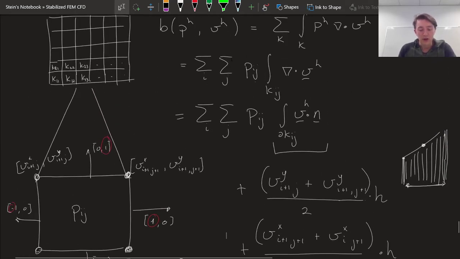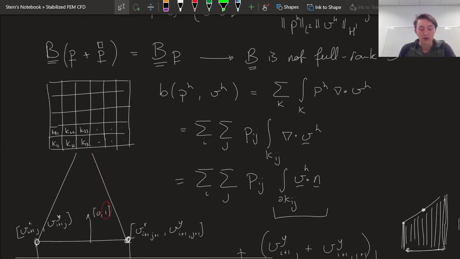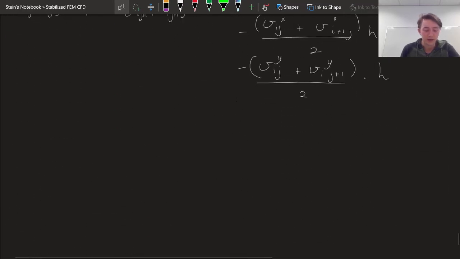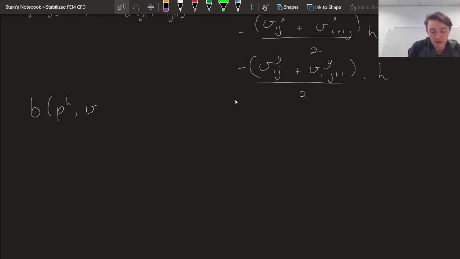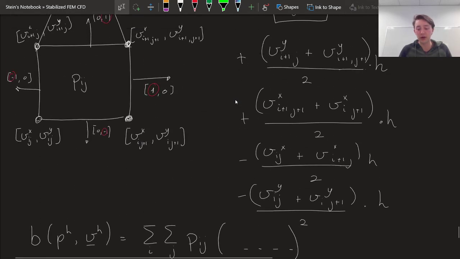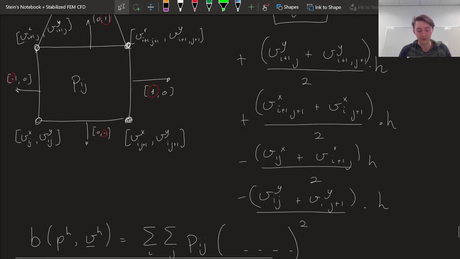So again, if I now want to write out the total operation of this bilinear form, then I get b(ph, vh) is the sum over i times the sum over j of pij times, and then we would have this lengthy expression that we just worked out here.